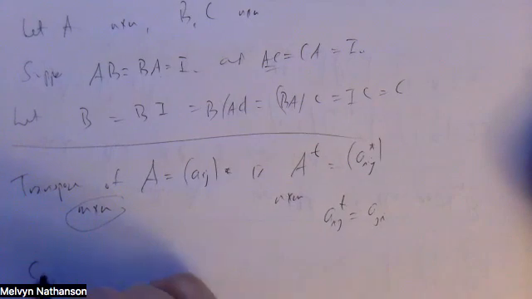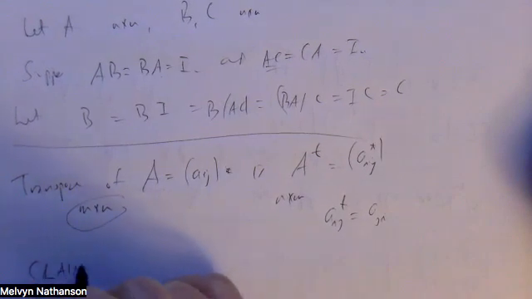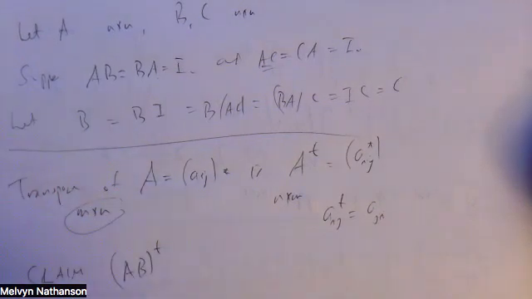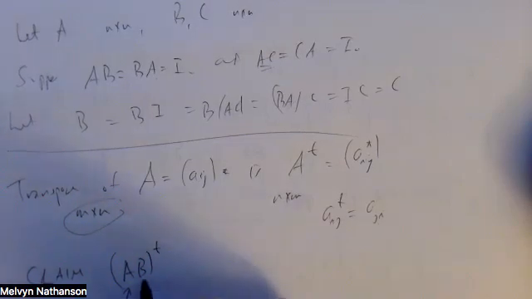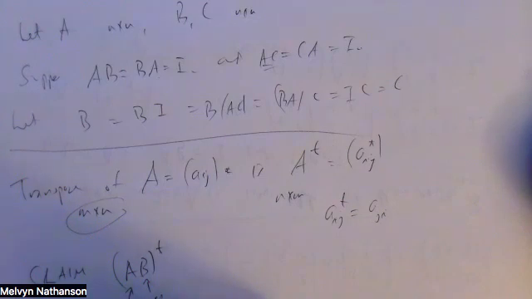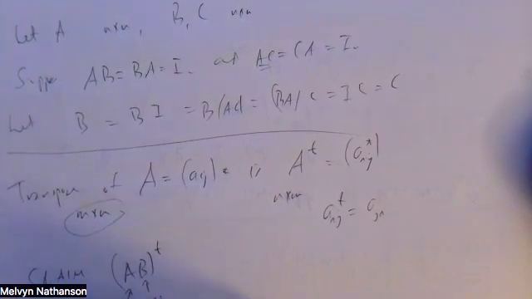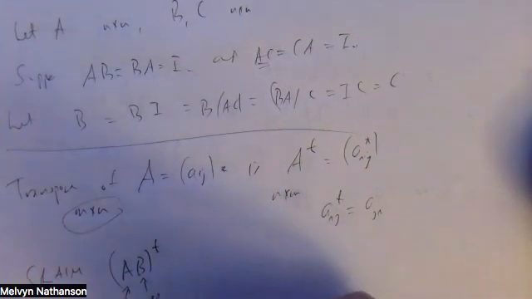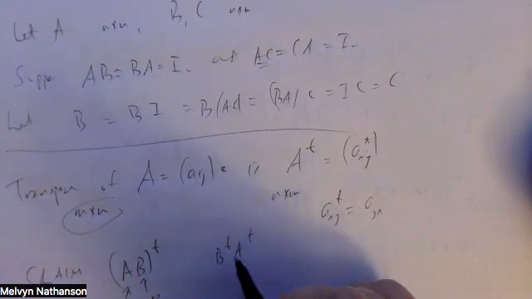And I claim the following very interesting property of transposes. If I take AB and I transpose it, so what is that? Let's say A is m by n, B is n by p. So the product is m by p. And when I transpose it, it's going to be p by m. Suppose I take B transpose times A transpose.